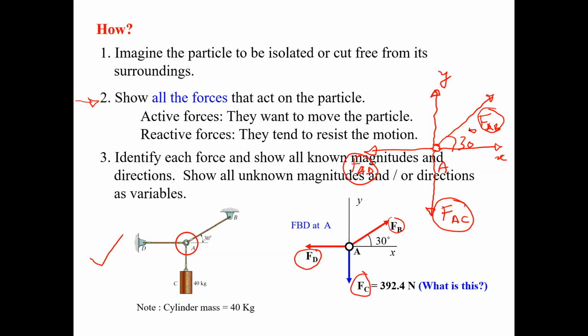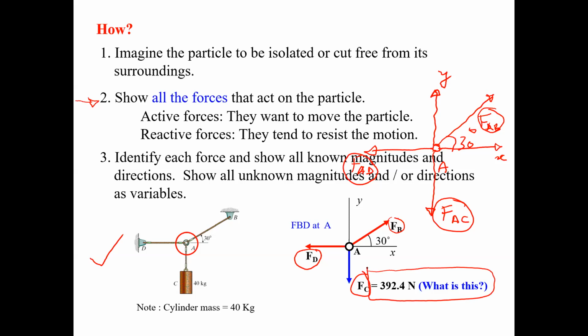We can just use weight equals mass times gravity. So mass is 40 kg times gravity, which is 9.81. So 40 times 9.81, we'll get FC equals 392.4 newtons, right?